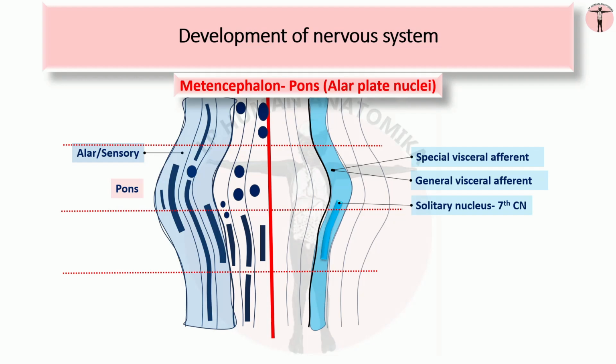This nucleus gives rise to the seventh cranial nerve, or facial nerve. The general visceral afferent column, represented by the solitary nucleus, receives impulses from the viscera of the head and neck. The special visceral afferent, again represented by the solitary nucleus, receives impulses from the taste fibers.